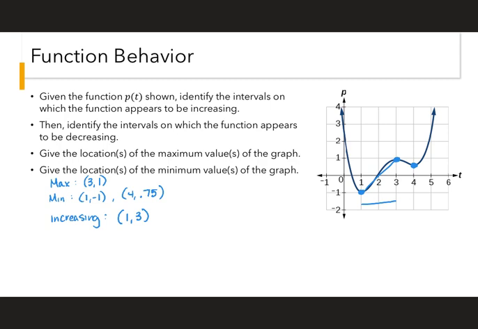We never use square bracket. Okay, so always round parenthesis in this scenario. Okay, it's also increasing past 4, right? Gets bigger over there. So we say or 4 to infinity.